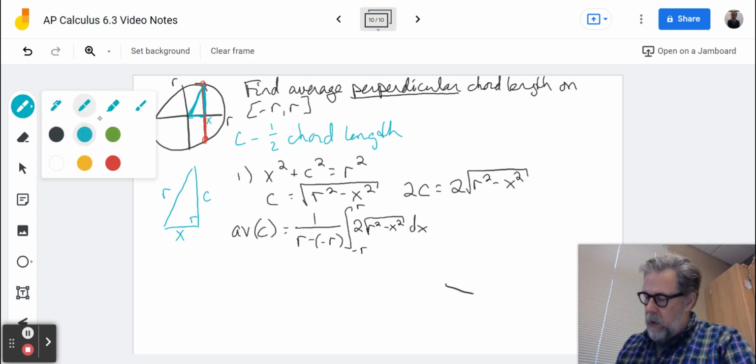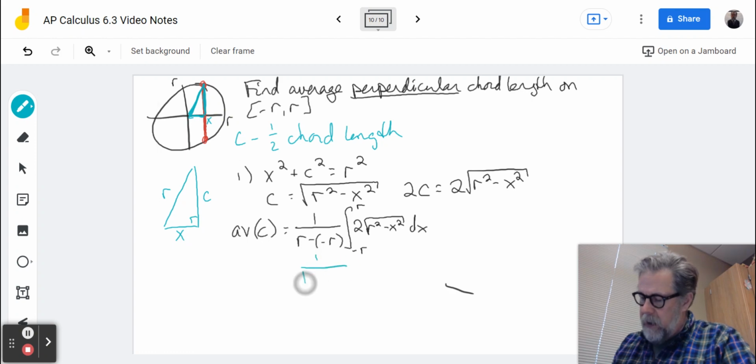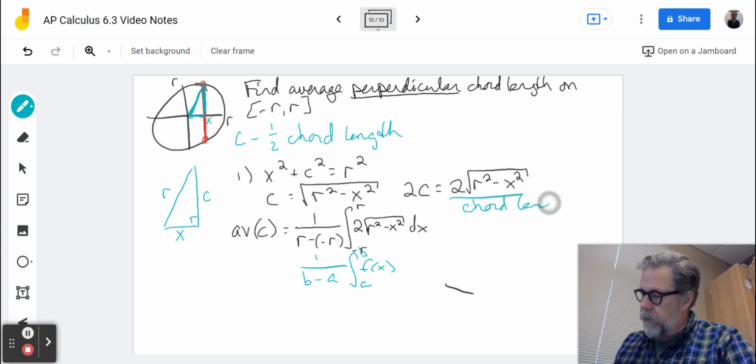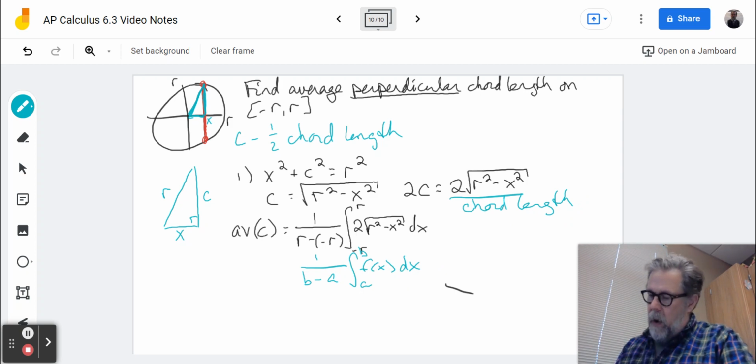So just so I don't gloss over this, this is 1 over b minus a times the integral from a to b of my function, which is chord length, dx.